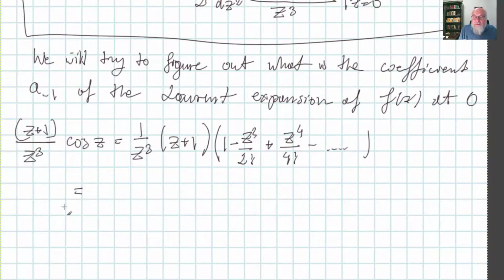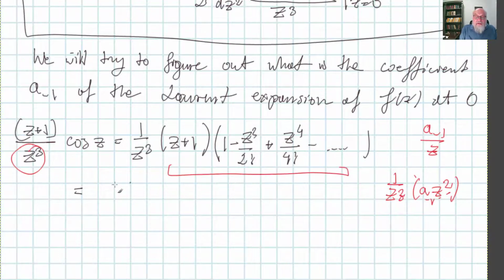Then you see which power I need in order to get the coefficient a minus 1, standing by 1 over z. So if I have z cubed in the denominator, I have to find the z squared term in the numerator product.